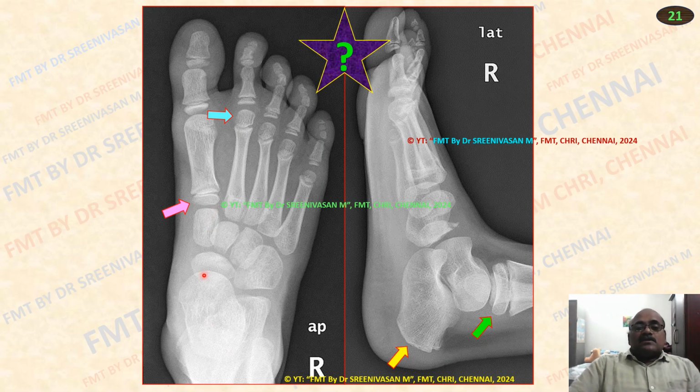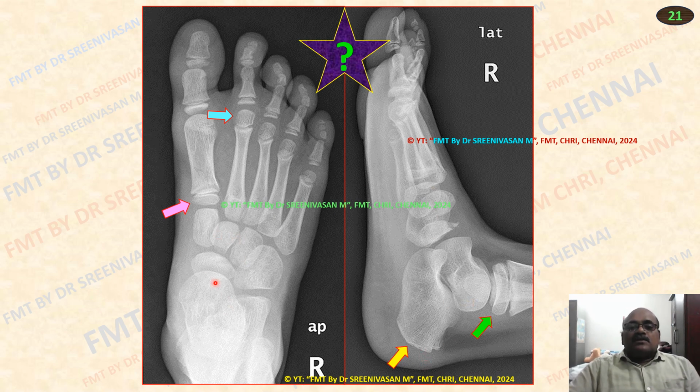In this you can see base of first metatarsal appeared, not fused, heads of all the four metatarsals appeared, not fused, lower end of tibia and fibula appeared, talus appeared, primary center for calcaneus has appeared, but the secondary center seems not to have appeared here, right?